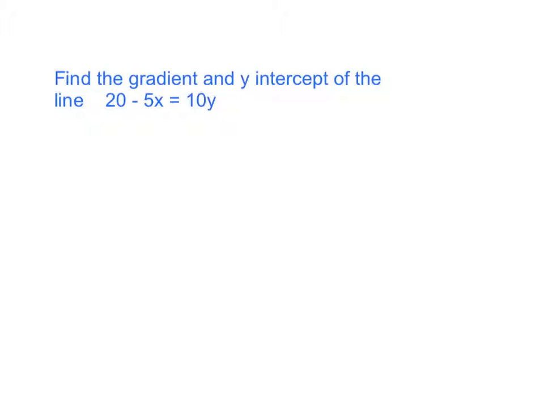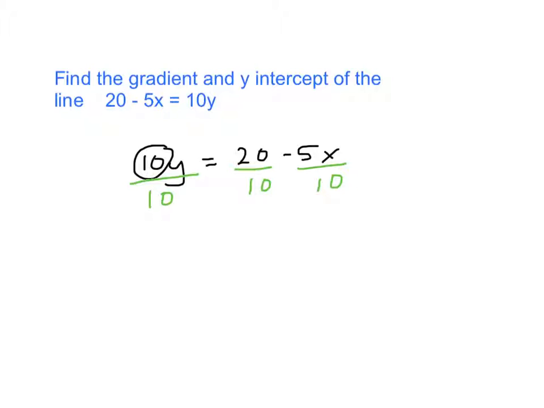Another rearranging here. I've got 10y equals 20 minus 5x. I really just want to get rid of that 10 in the front. That's multiplying by 10, so the opposite is dividing by 10, and I have to do it on both sides to make it balanced.